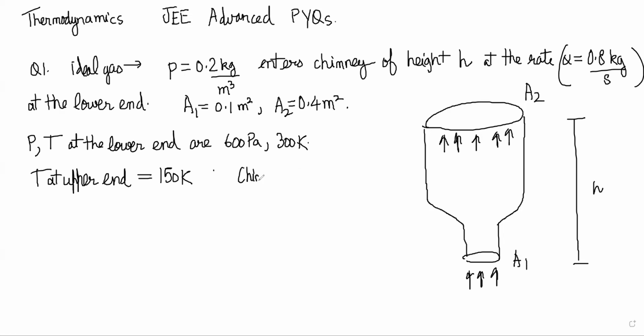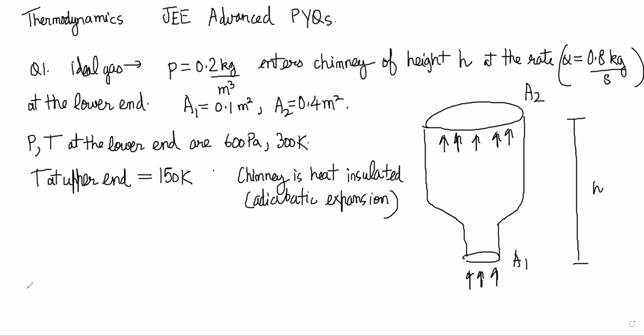The chimney is heat insulated so that the gas undergoes an adiabatic expansion. Take the value of g to be 10 and gamma for the gas to be 2. Ignore atmospheric pressure.